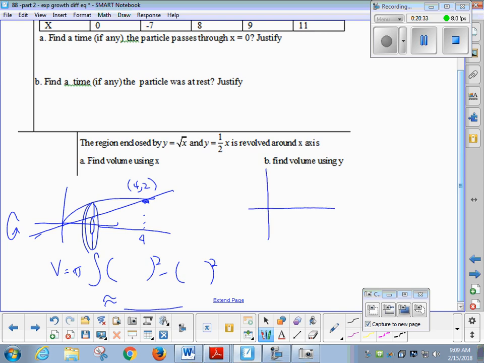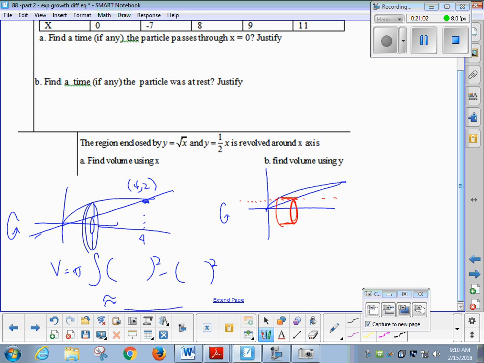So if I do the same region and I revolve around the x-axis using y, let's start with the y slice. Y slices go this way. That's obviously important that you understand that. The revolution of such a slice makes a very thin empty cylinder, which is called a cylindrical shell. When you cut it and unwrap it, it's usually along the side.